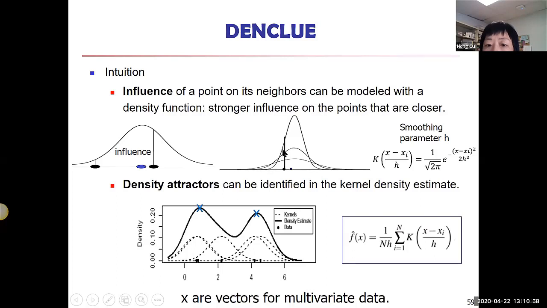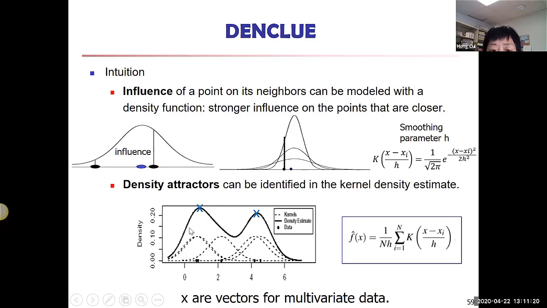The greater the h, the smoother the curve is. The smaller the h, the more pointy this curve is. So h is a parameter that you can adjust as a user.